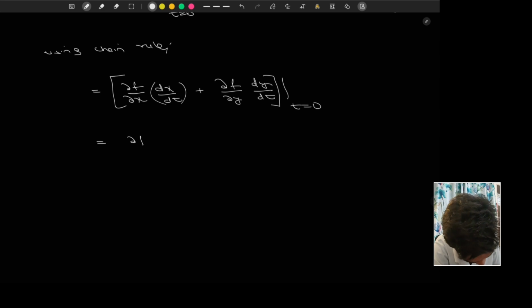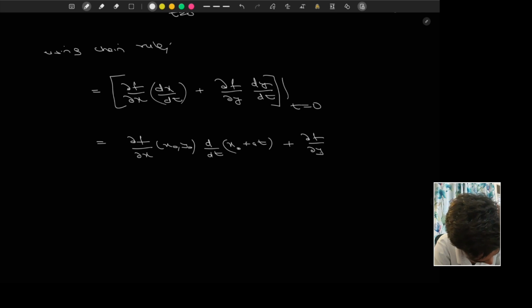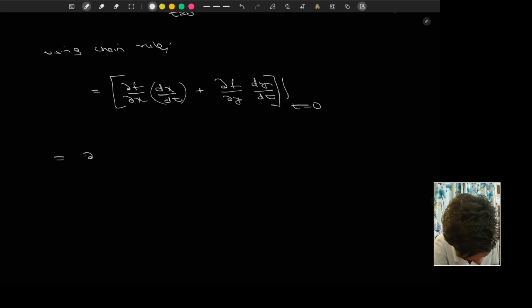So at t is equal to 0, my df by dx will be evaluated at x is equal to x0, and this guy is nothing but a, because this is d by dt of x0 plus at, and this is df by dy at x0 y0. Okay, let me not skip a step, because if I skip a step you will get confused.